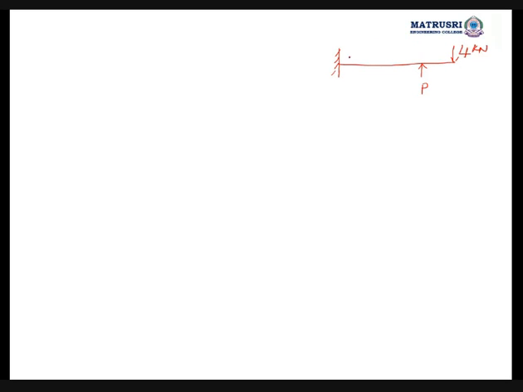Then UDL 2 kilonewton per meter. This is 5 meter. This is 1 meter. Then downward deflection over. We'll go for upward deflection.